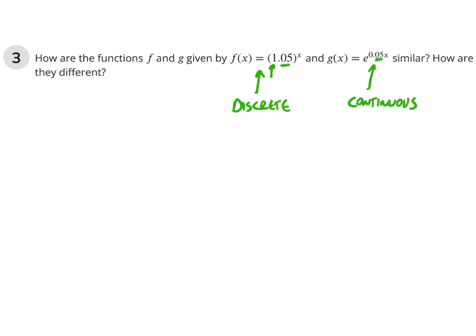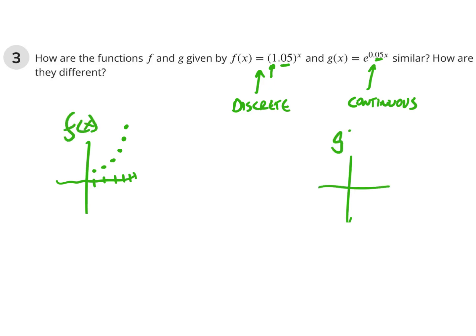So they both have the same percentage of growth, but if I was to graph f of x, it would look like this, where you have to measure out each interval of time. The g graph, so this would be f of x, and this would be g of x, will give us a continuous curve.